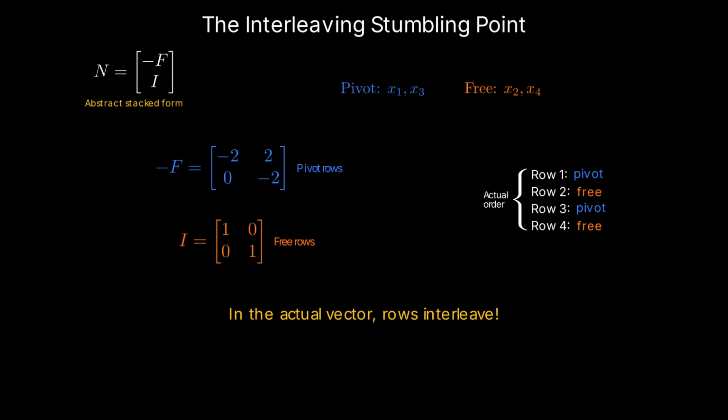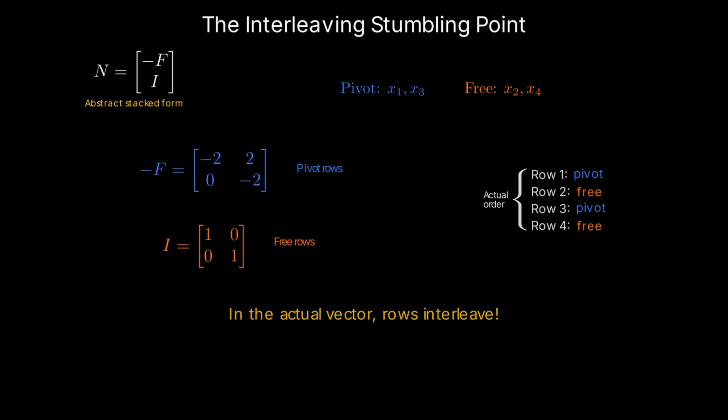In our example, the pivot variables are x1 and x3, so rows 1 and 3 of each special solution come from negative F. The free variables are x2 and x4, so rows 2 and 4 come from the identity.